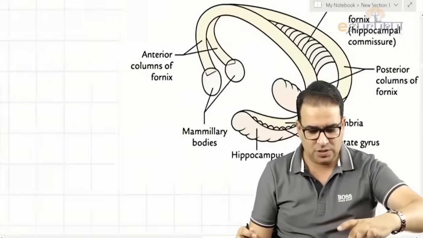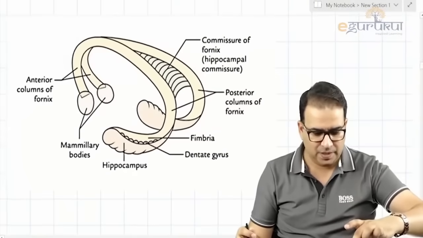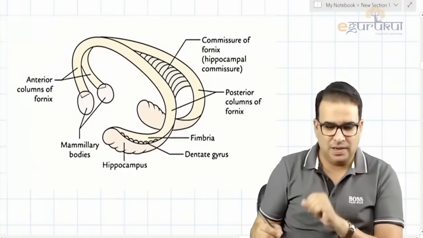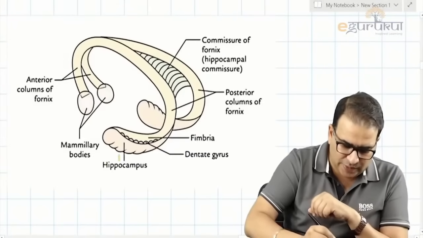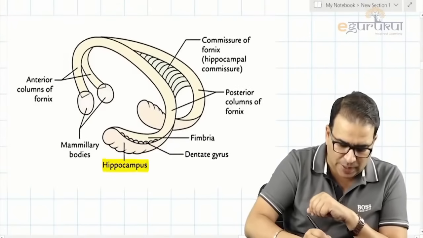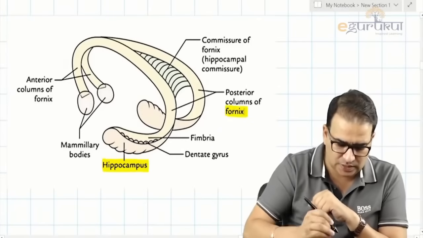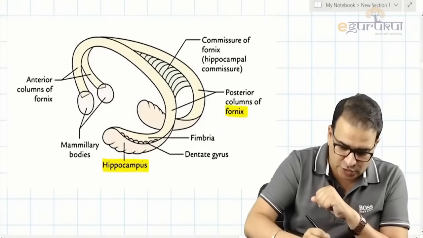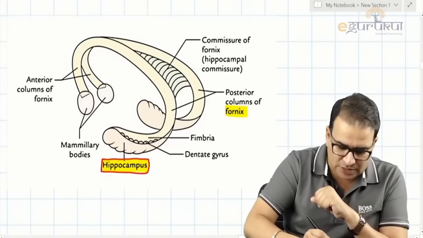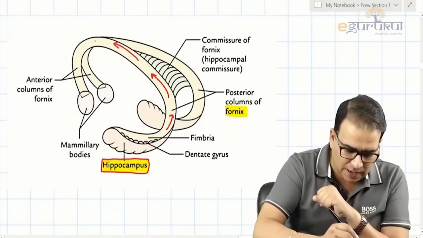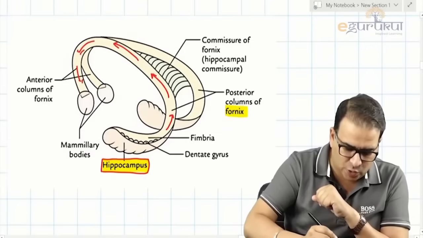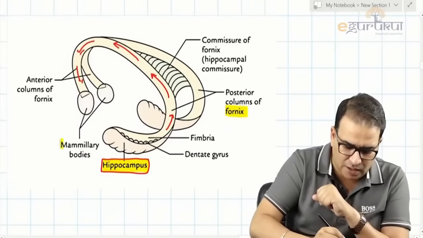Here we are looking at the fornix fibers. As I said, fornix fibers originate where? They originate in the hippocampus. That's the fornix here. They asked this question once. They originate in the hippocampus, so that's the direction they go, in this way. And ultimately, these fornix fibers end where? They end in the mammillary body.